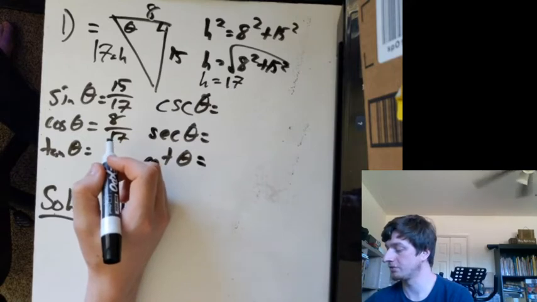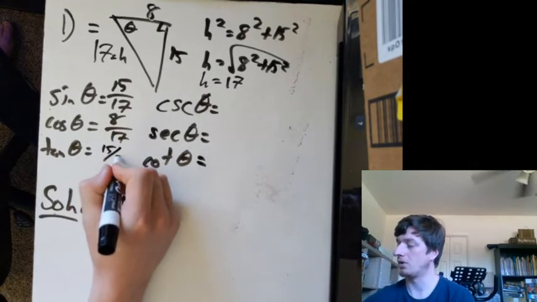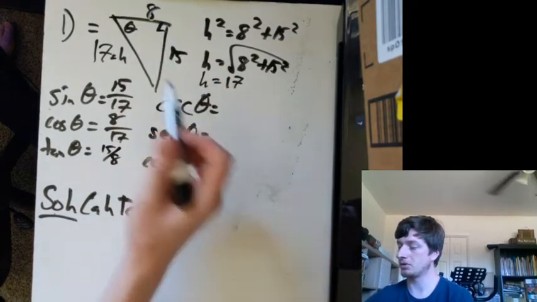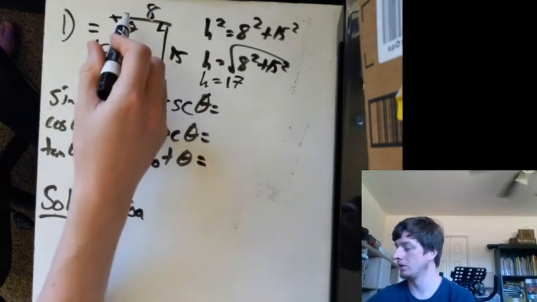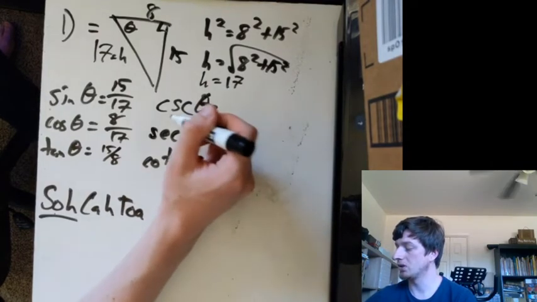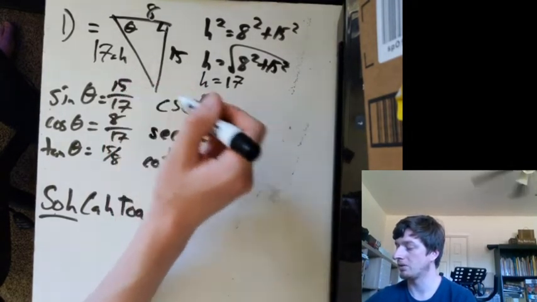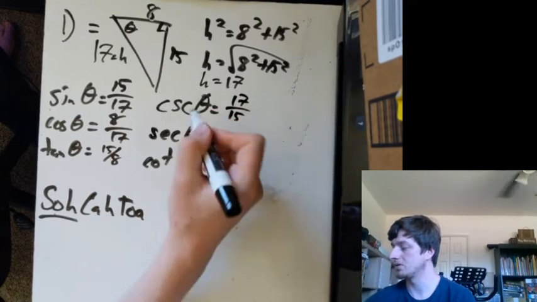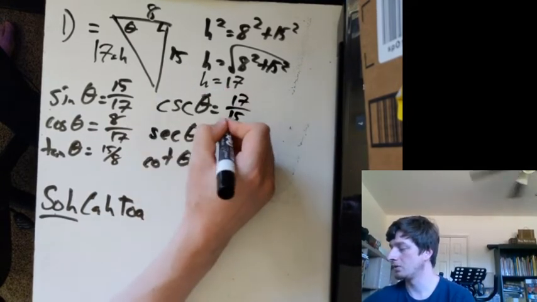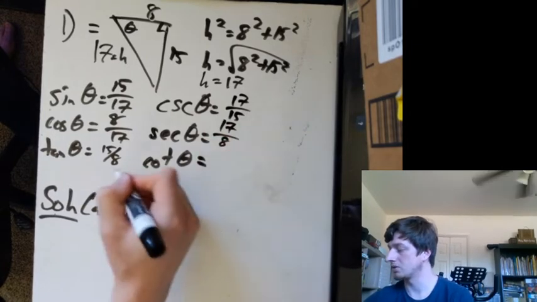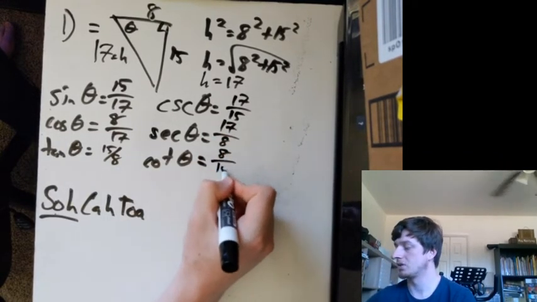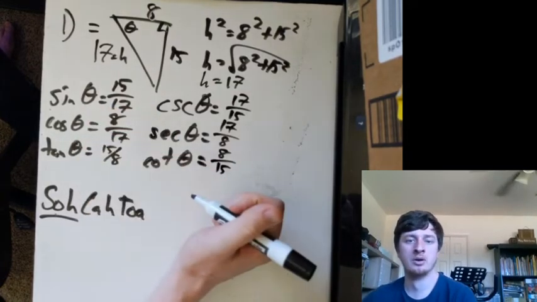We're not looking at this angle, we're looking at the angle up there. Cosecant is this flipped over: hypotenuse over opposite. Secant is hypotenuse over adjacent. And cotangent is adjacent over opposite. So it's these things flipped. Okay?